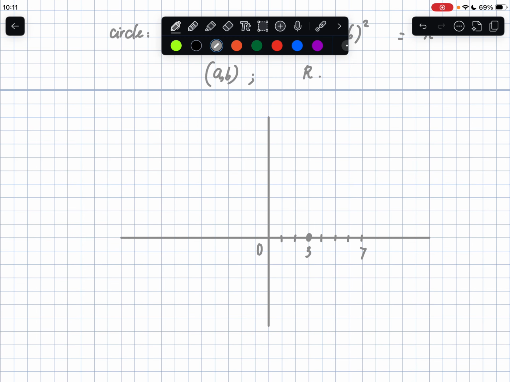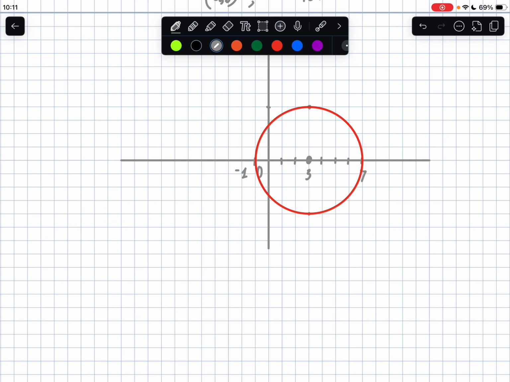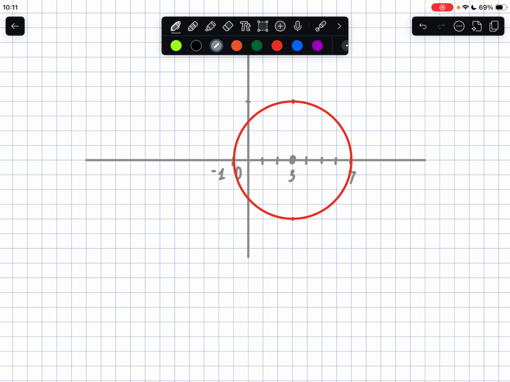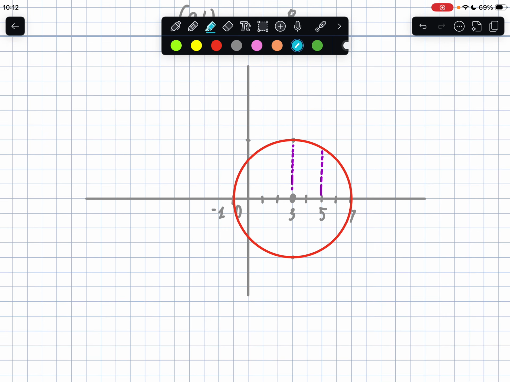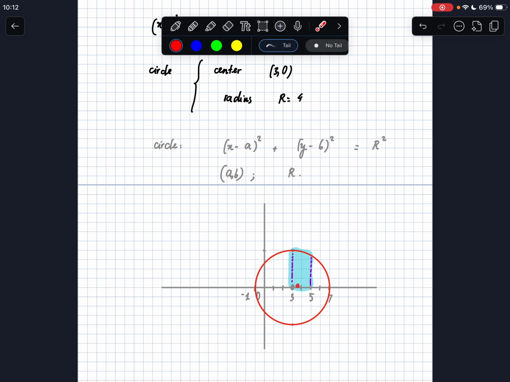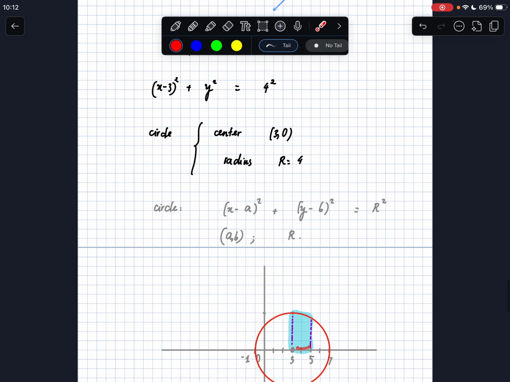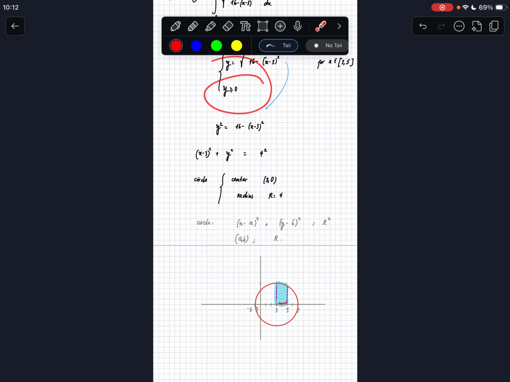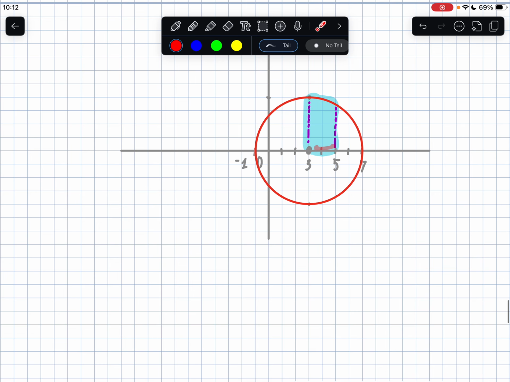So 7 here, and minus 1 here. x between 3 and 5. So we have the region here, and we need to compute the area. I only highlight the one above the x-axis because we work with y greater than or equal to 0.